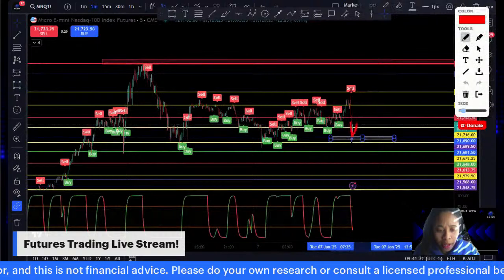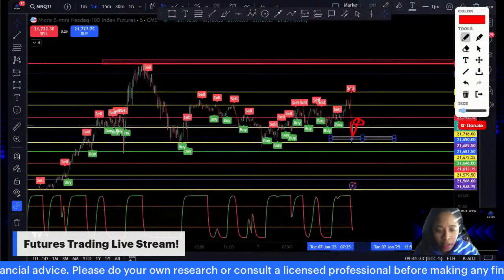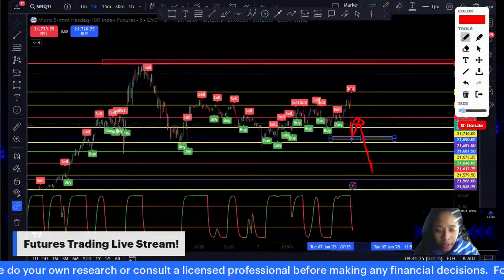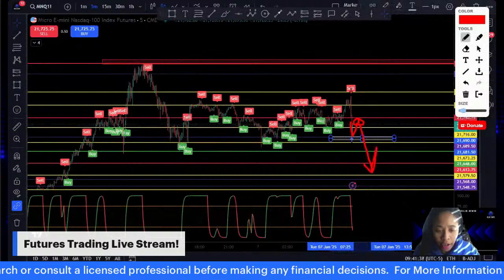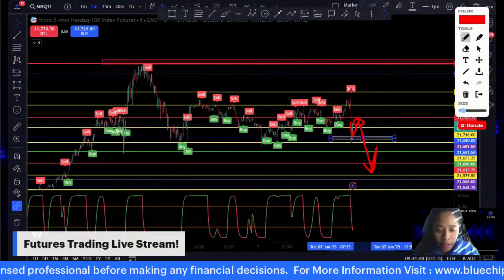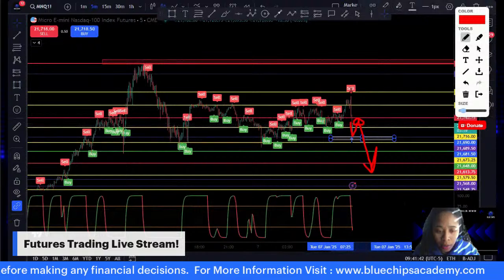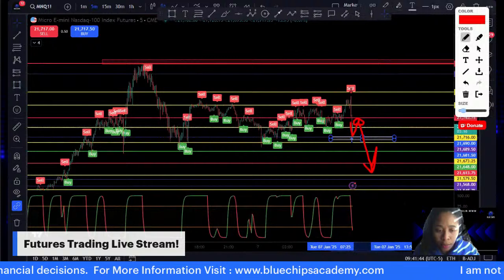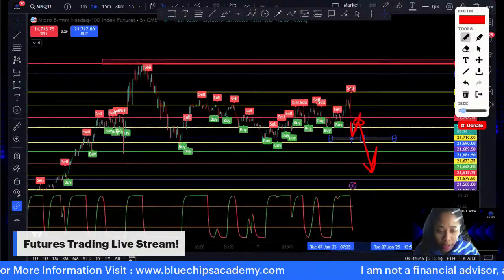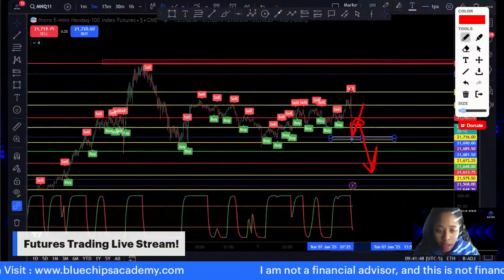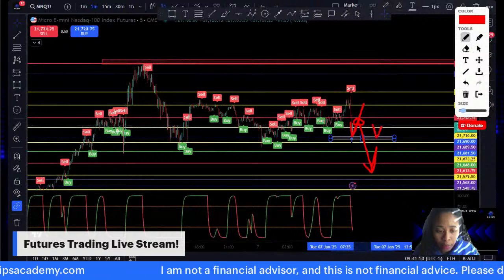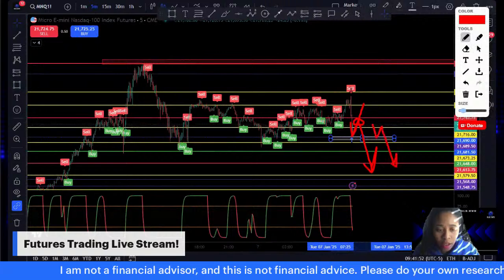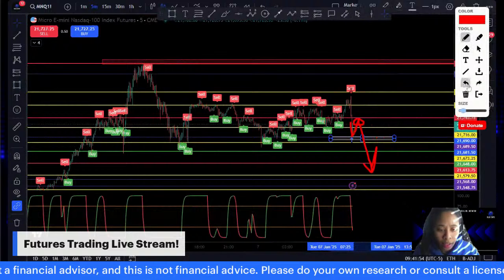If price comes here, we get this pullback and we get an engulfing candle on the next candle, that's a possible re-entry. But you also got to keep in mind, how far is it pulling back? Are we finding support here, or is this a pullback? If we're finding support, then price is going to continue to come up here. If it's a pullback, it's just going to give you a nice little pivot, and then it's going to continue to drop to the downside.